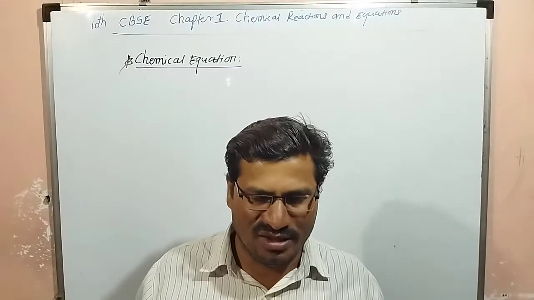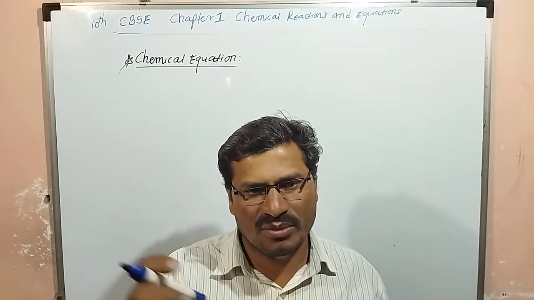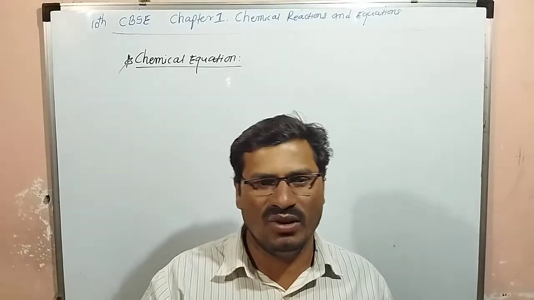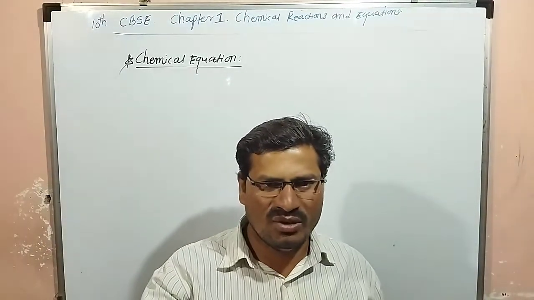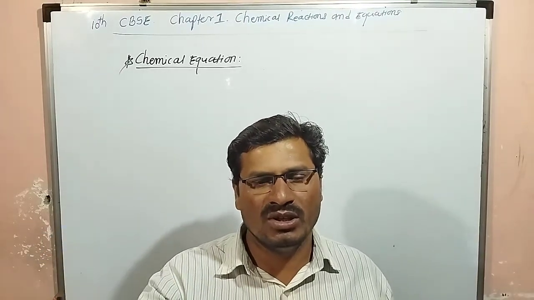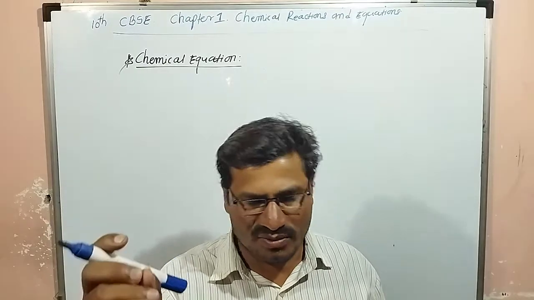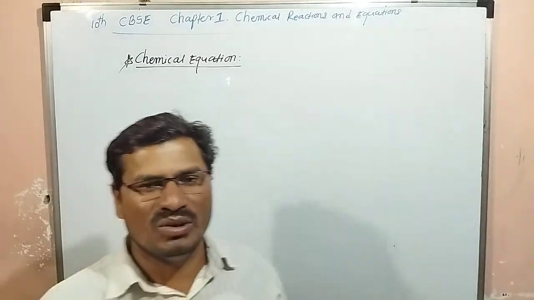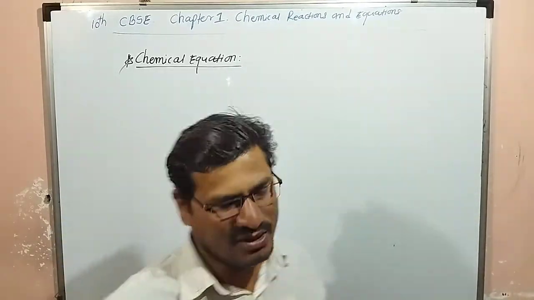Writing a chemical change or a chemical reaction in the form of words is called a chemical equation. Or it can be written using chemical formulas, the symbols of the metals and non-metals, writing symbols and chemical formulas of reactants and products.